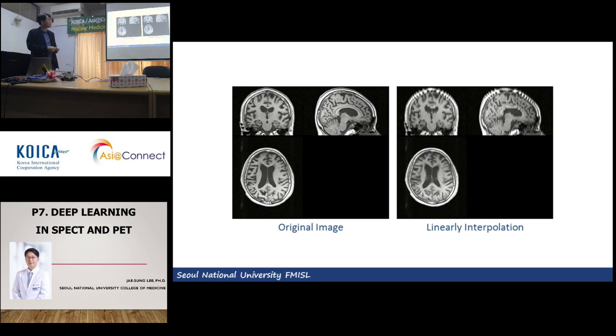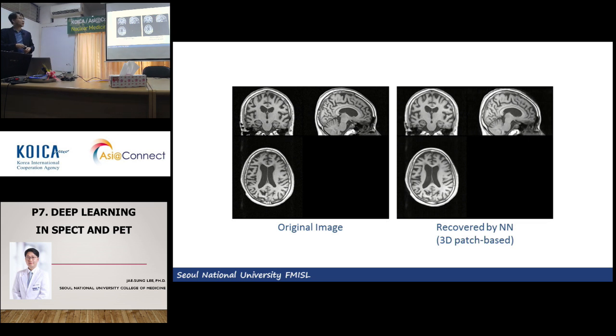We can easily see a stair-like artifact here, but deep learning could recover the 3D MRI like this. If we compare the original 3D MRI and the super resolution MRI from the 2D data, it looks quite the same.